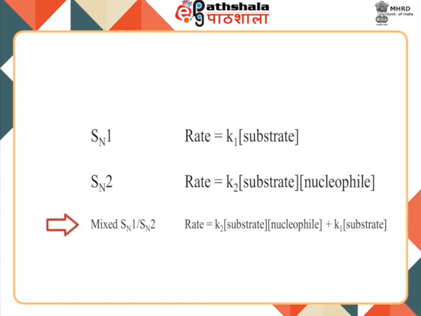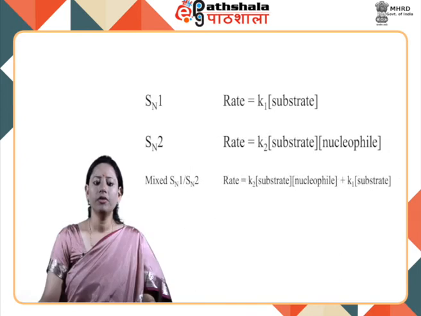Whereas for a mixed SN1 SN2 reaction, rate equals k2 times the concentration of substrate multiplied by the nucleophile concentration, plus k1 times the concentration of substrate. The rate law equations make it clear that an increase in the concentration of nucleophile increases the rate of the SN2 reaction but has no influence on the SN1 mechanism.